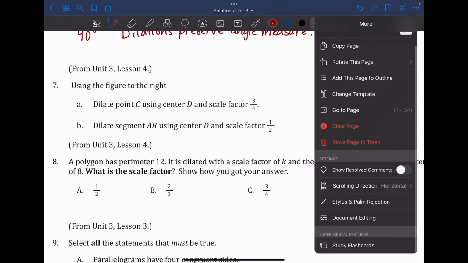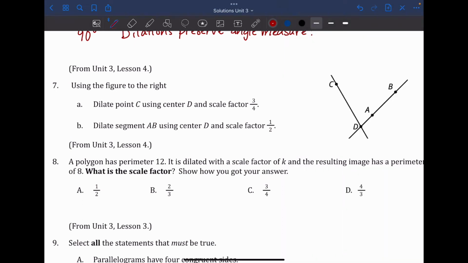I think I have it on one of my other applications that I don't like as much, so in this case, we are going to estimate, because the whole point is that if we're dilating using center D and a scale factor that's smaller than 1, C is going to get closer to D. But is it going to move 3/4 of the distance? No. Its new distance is going to be 3/4. So if we're trying to imagine this, this would be half, and then half of half would be here. So that's right about where I'm going to put my point, and I'll call it C prime.